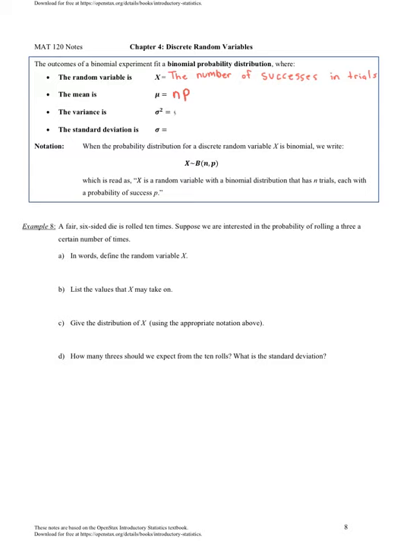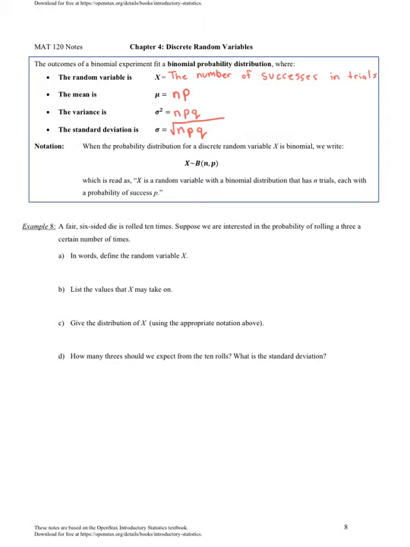Our variance is npq, the number of trials times the probability of success times the probability of failure, whereas our standard deviation will be the square root of npq. So having a solid understanding of the x, the n, the p, the q is very helpful in these problems.